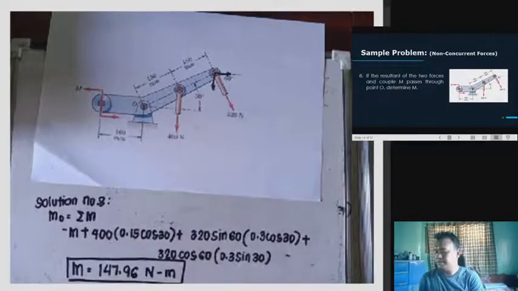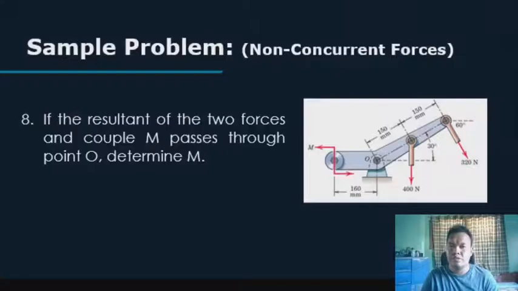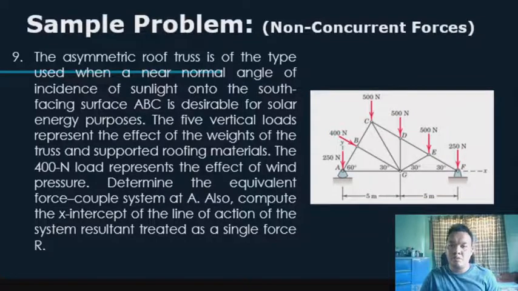Okay? Okay, last problem tayo para sa quick review. So we have here problem number 9. The symmetric roof truss is of the type used when a near normal angle of incident of sunlight into the south-facing surface ABC is desirable for solar energy purposes.